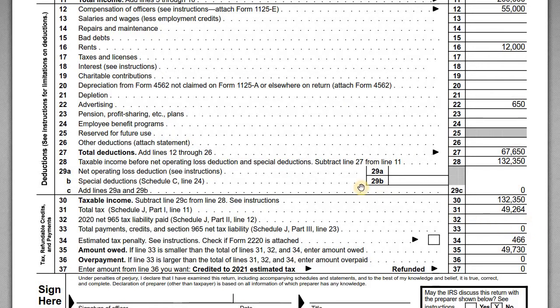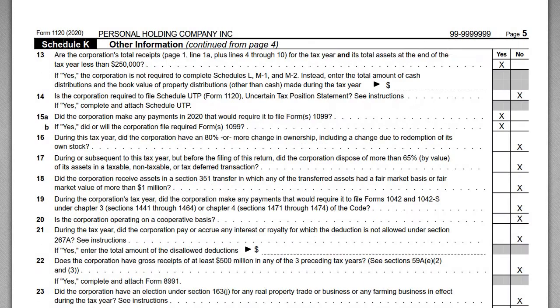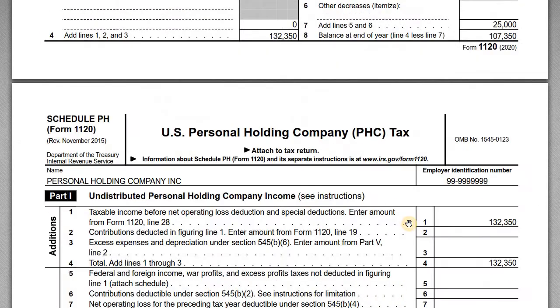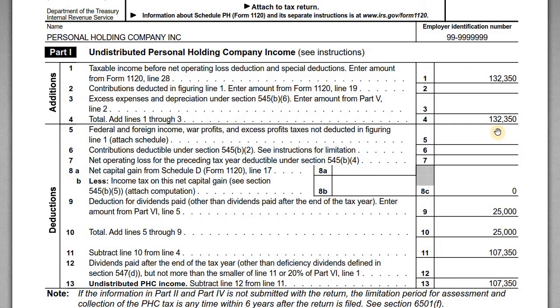And that's because of the PHC tax. And remember, PHC taxes are imposed on undistributed accumulated earnings of the company. So whenever the company has undistributed earnings, in other words, they haven't distributed it as a dividend, they're subject to the PHC tax. So this is where the 972 form comes in.